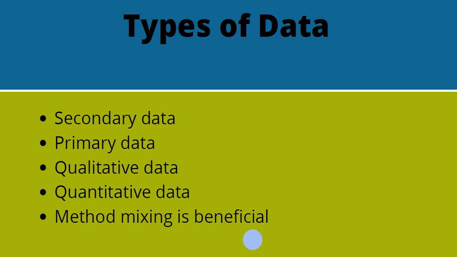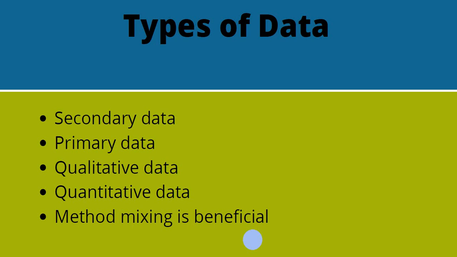When we're collecting data, there are different types of data that we will be using. Secondary data is data that is already available due to work probably from a previous project in the community or maybe in a similar community. Primary data is data that you will collect as a part of your project. This could be qualitative, which is descriptions, a more subjective type of data, or it could be quantitative, numeric, more objective type of data.